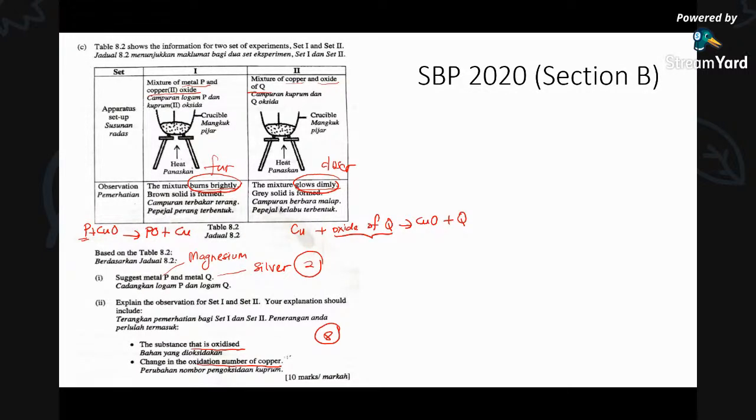So substance that is being oxidized. You have 2 sets over here, so you have to explain for both sets. So explain for set 1 first. So what happens in set 1? So I can replace P with magnesium.